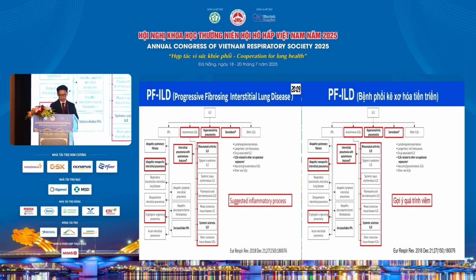This is a diagram of progressive pulmonary fibrosis ILD, abbreviated as PF-ILD.